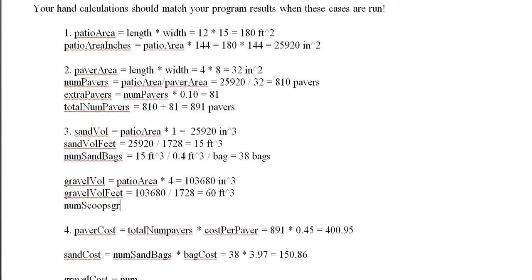The number of scoops of gravel is going to be equal to the gravel volume in feet divided by the volume of a scoop, and the volume of a scoop is 8.5 cubic feet, which will be 60 divided by 8.5, which will be 7.0588, and we will round that to 8.